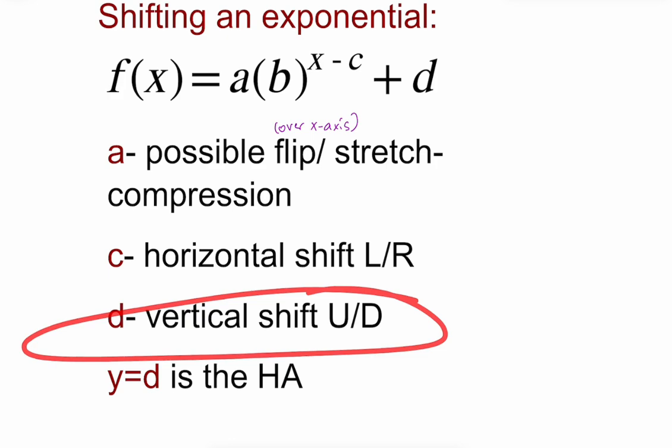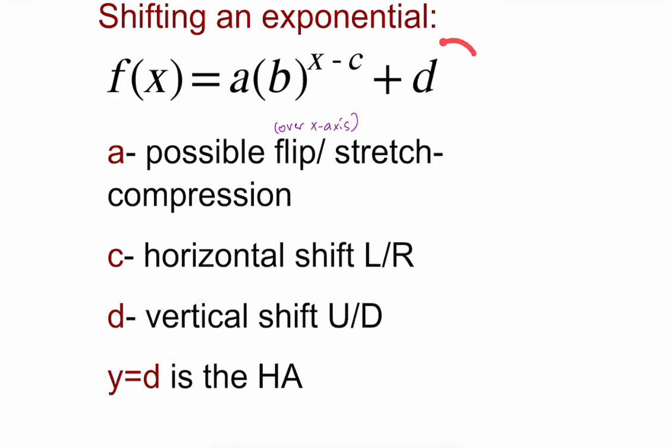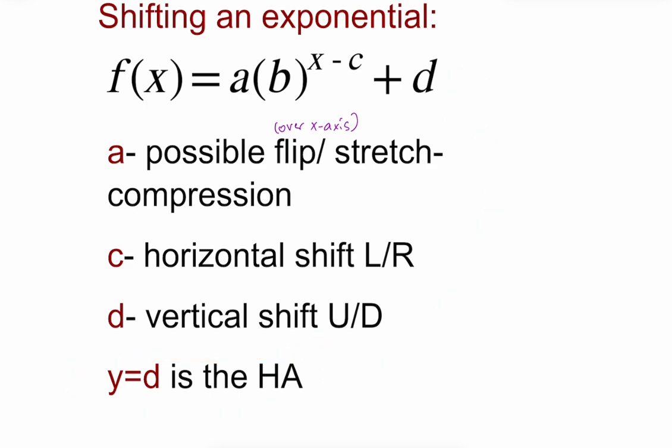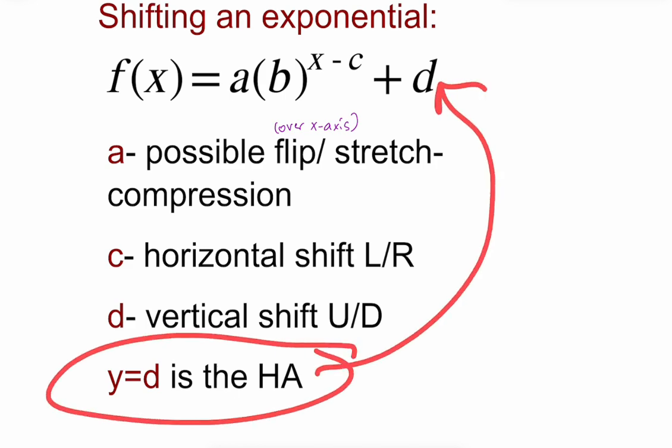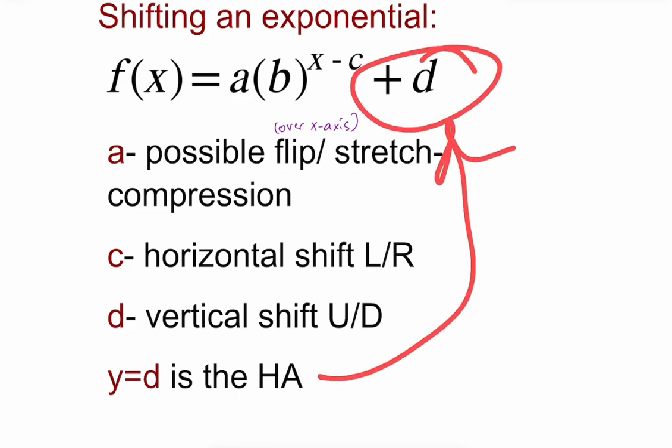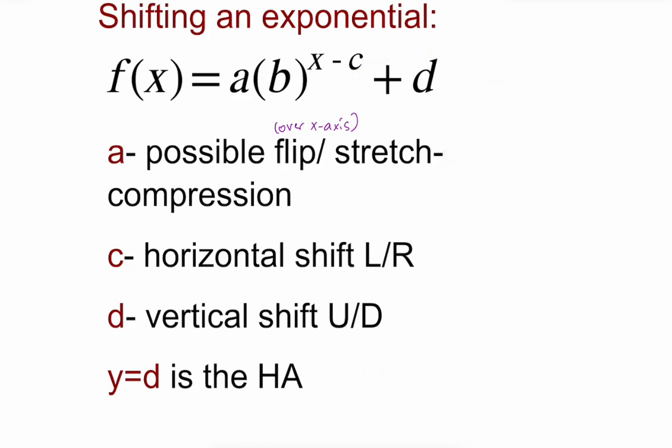The D is a vertical shift up or down. Y equals D is always the horizontal asymptote. So that's why those first functions, we didn't have a number sitting out there, so that's why it's 0. Until we move that up or down, this number here affects our horizontal asymptote. Okay. So that's super important.